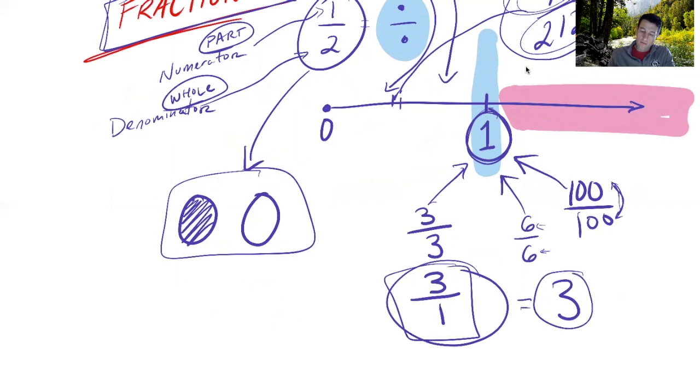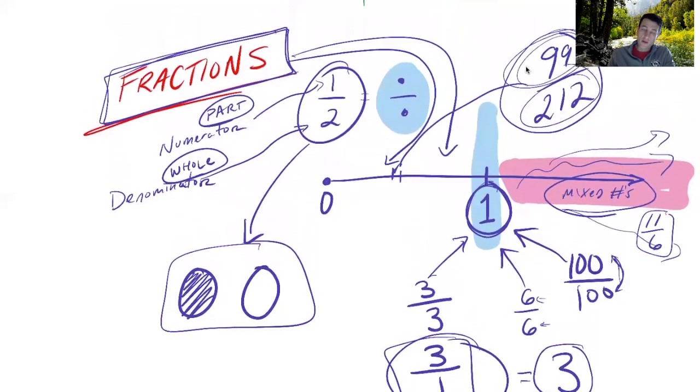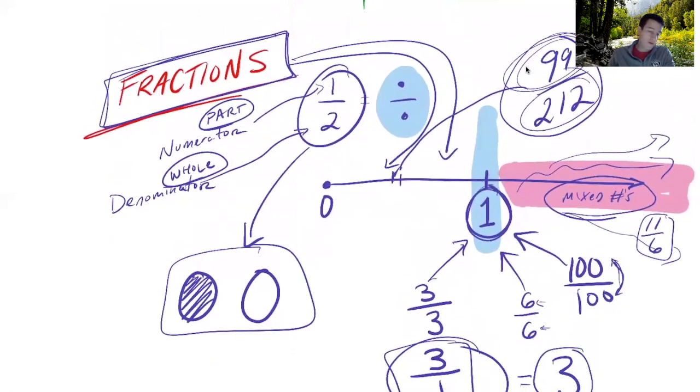And we'll talk about mixed numbers and improper fractions, where we have a larger numerator than our denominator. They all live past 1 forever and ever, and so on and so forth.